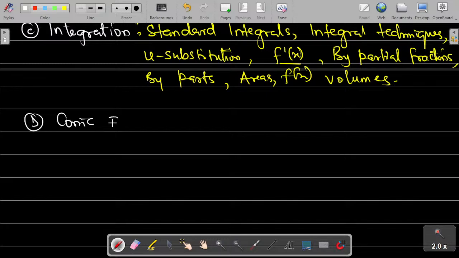And then the fourth one, which is the last, is what we call the conic sections. Under the conic sections, we are just going to be learning equations of different conic sections.